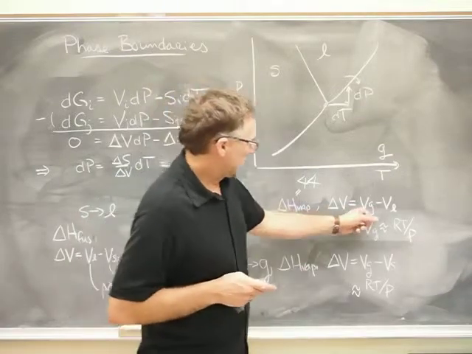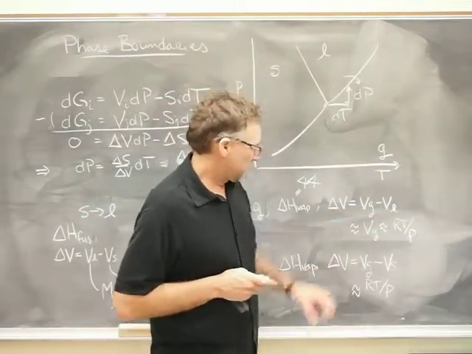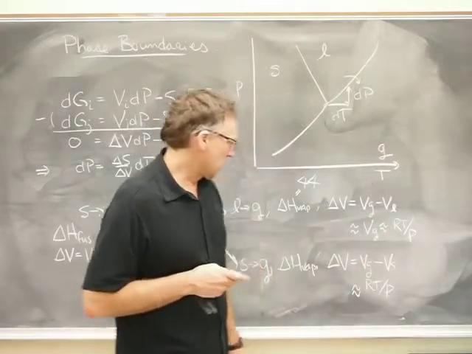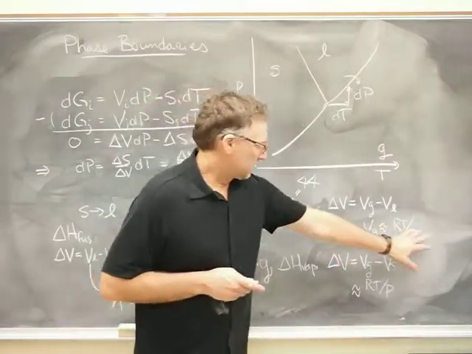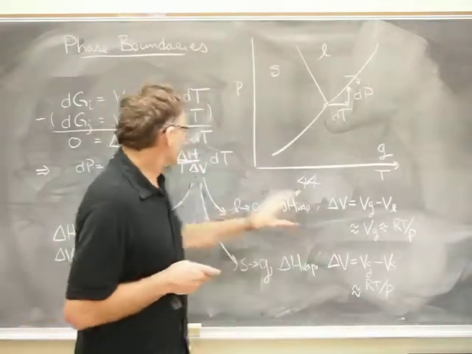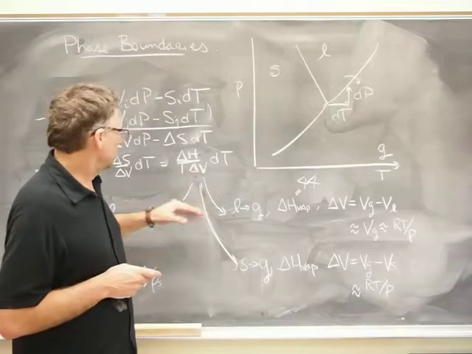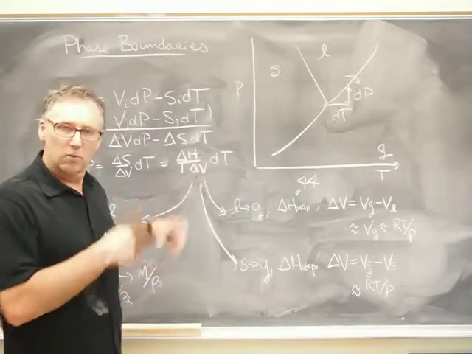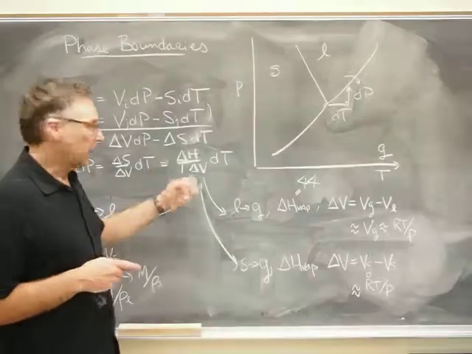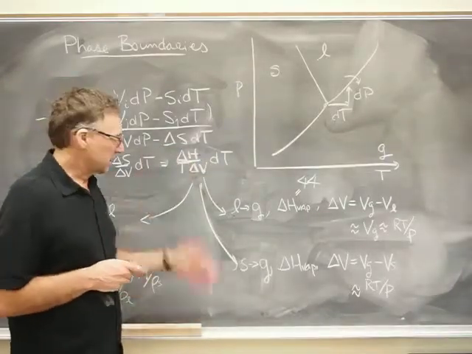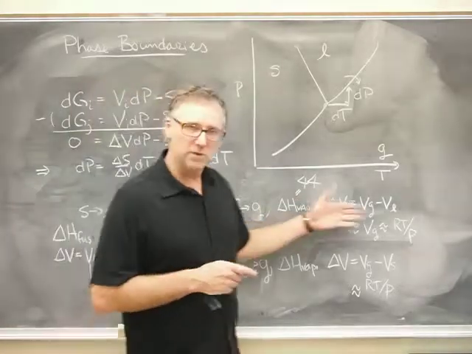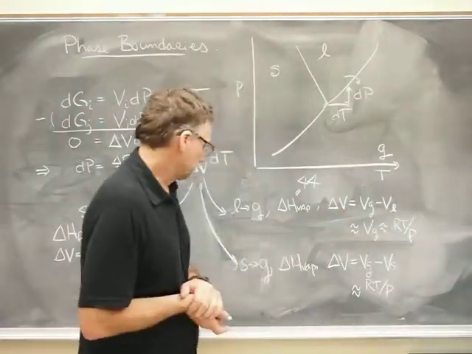So I say that that minus that is about the same as the volume of the gas. Then we use the ideal gas law, and so we say that the volume of the gas is equal to RT over P. And so that term comes down here. You notice they have a pressure term here. We can do a separation of variables, then bring the pressure over this side. And we can integrate both sides separately. If you do that, the result is called the Clausius-Clapeyron equation.